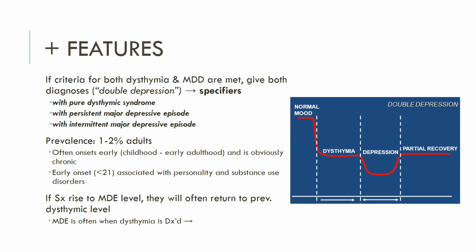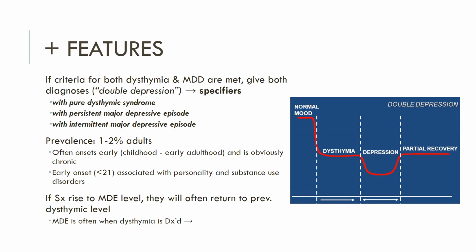If symptoms do rise to major depressive episode level, as I mentioned before, they'll often return to that previously dysthymic level. And also, as mentioned before, major depressive episodes are oftentimes discovered when dysthymia is diagnosed. And frequently, major depressive episodes can be the reason that the person reports to therapy in the first place.